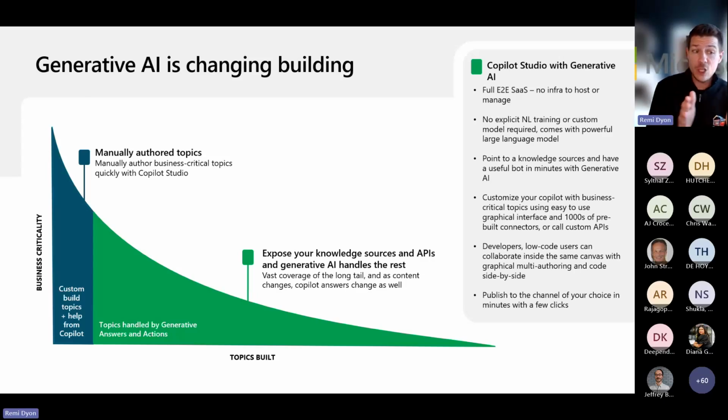But that list is shrinking because now, by pointing our bot to knowledge sources and API and using generative answers, we are able to answer many more questions for the user, even if we don't know what those questions will be. So we are really reducing the tail of unanswered questions using generative AI and knowledge sources and APIs connected to our Copilot.